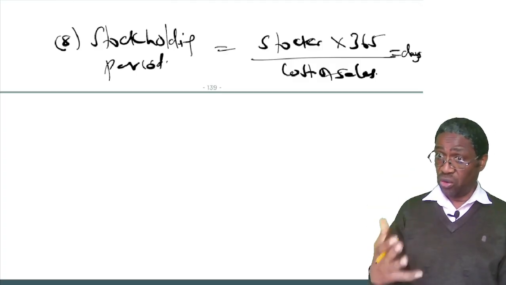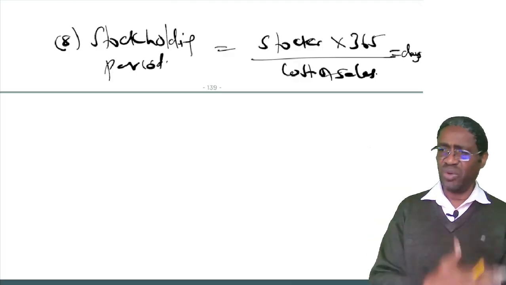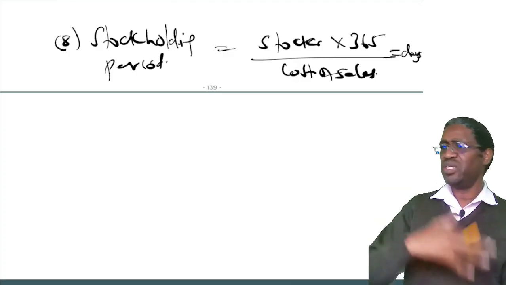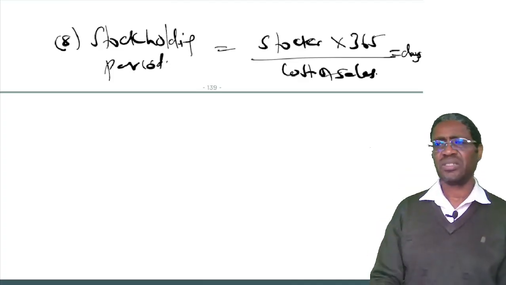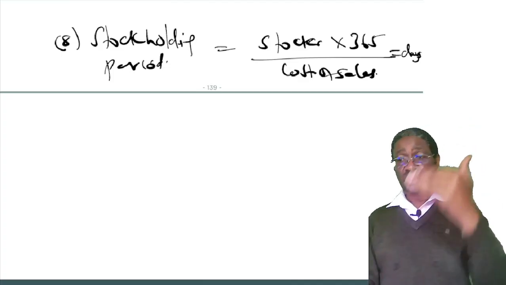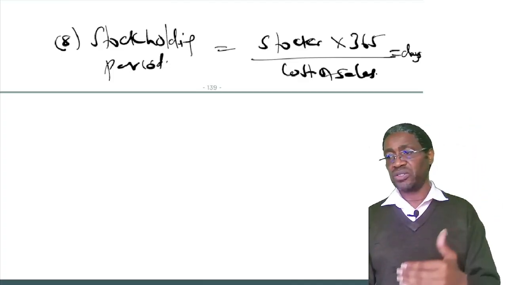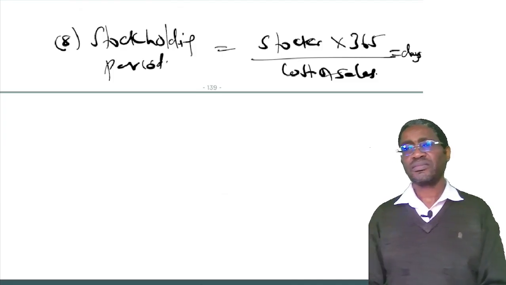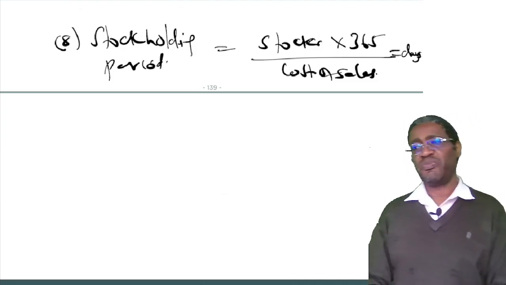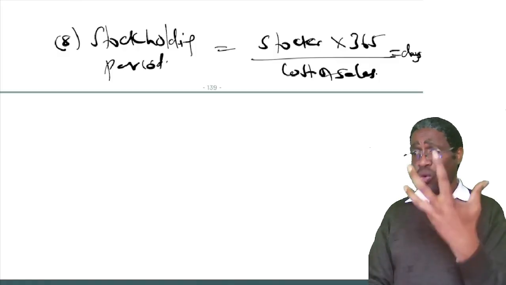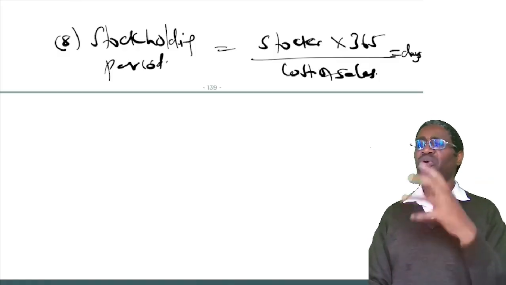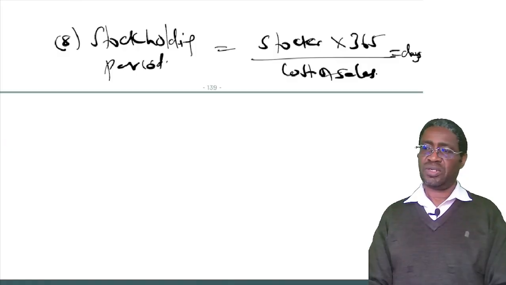Before you sell your stocks, how long does it stay in the warehouse? Maybe 20 days, 30 days. That's what we are calling a stock holding period. The stock holding period indicates how many days it takes to hold your stock before it is sold.